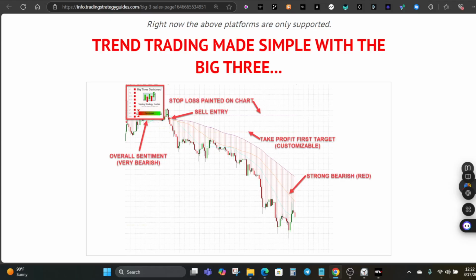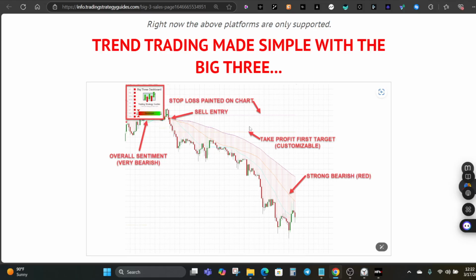All right, because it tries to eliminate the need to analyze multiple indicators separately by combining everything into a single easy to read tool. Here's why traders love using it. Okay, one is that it works on all time frames. Whether you are scalping on the M1 chart or holding trades on the D1 chart, the rules stay the same.